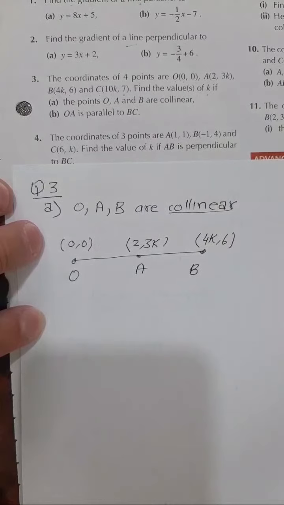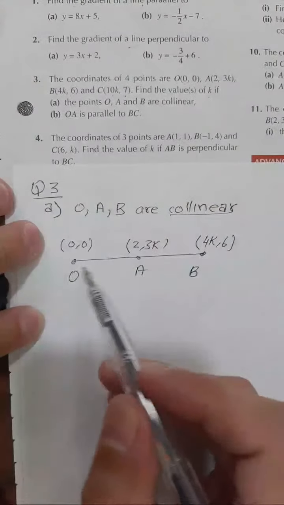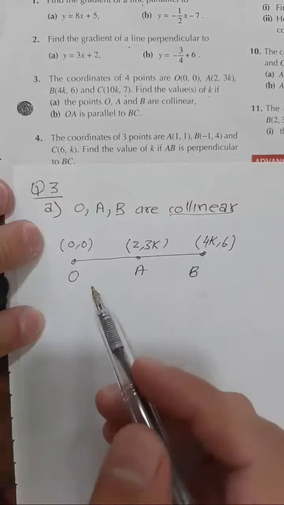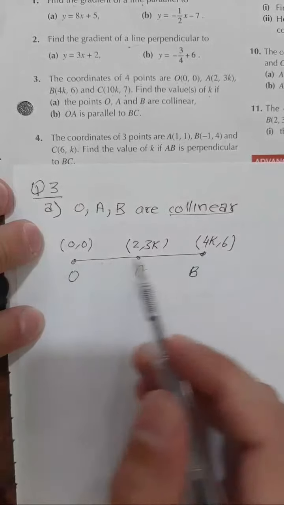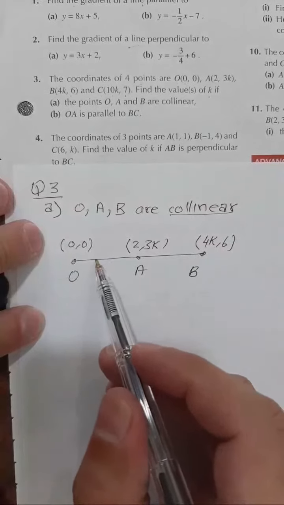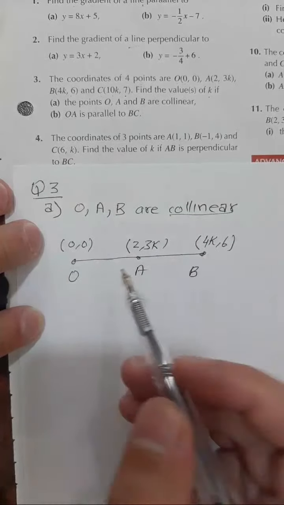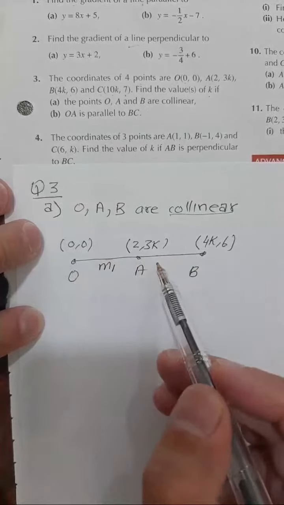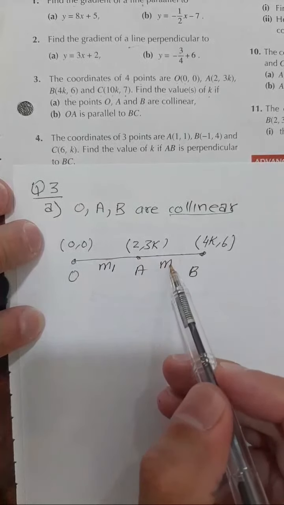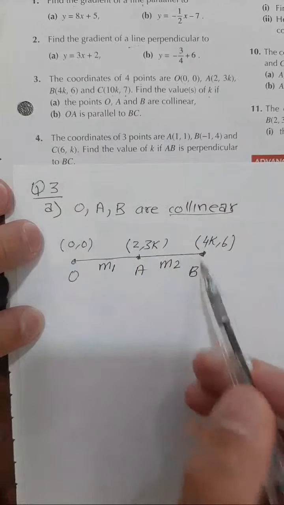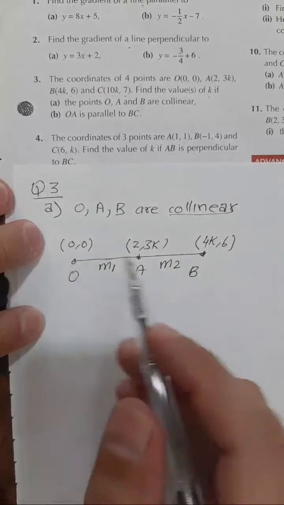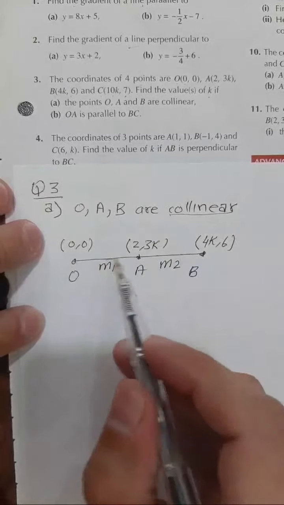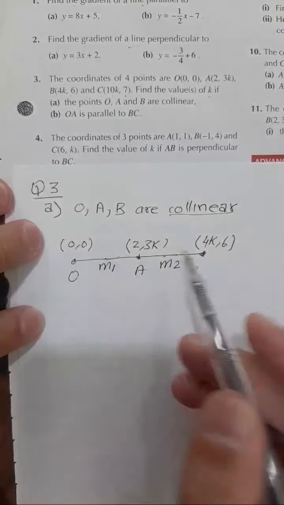Now because all of these 3 points lie on the same line, this line has the same gradient either over here or over here. So if this is m1, the gradient from O to A, and this is m2, the gradient from A to B, then because it is a straight line, the gradient should be the same over here as well as over here.